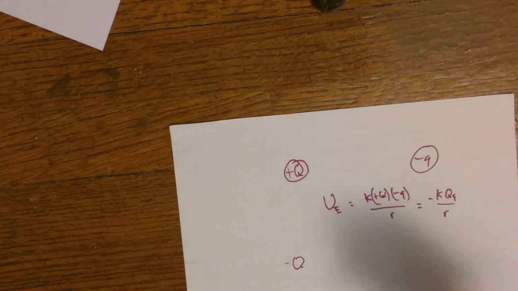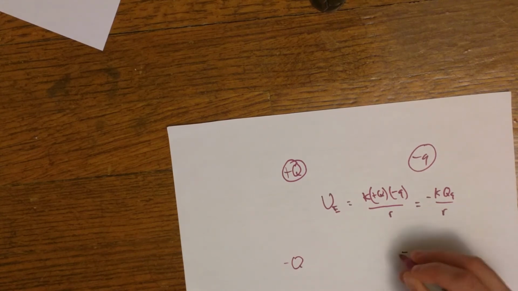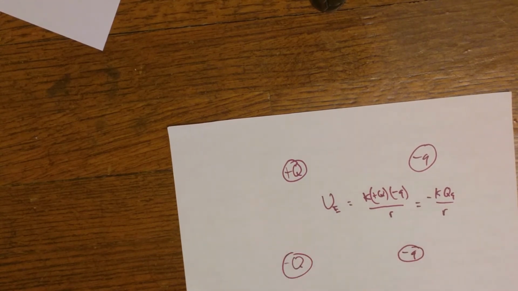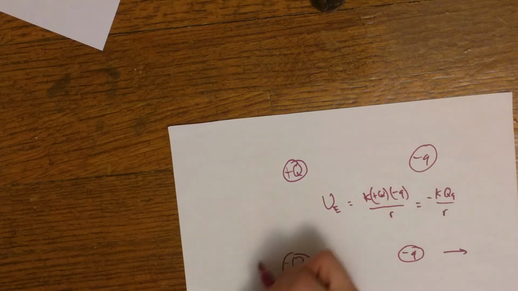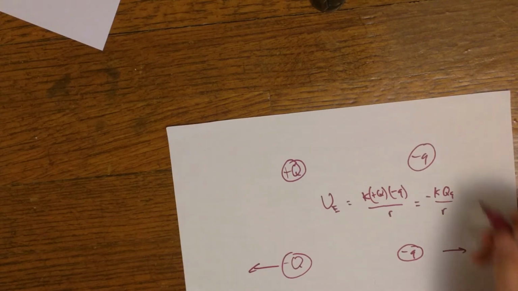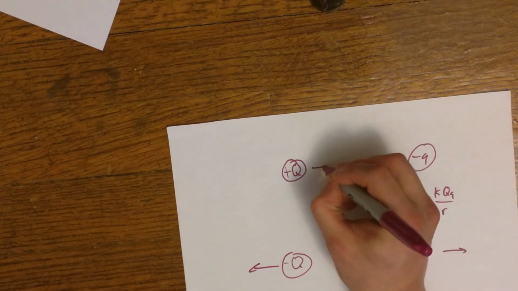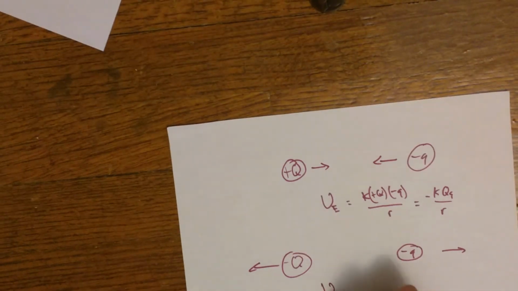What if I have two negative charges here? We know that they're going to repel each other. Once again, we're just putting in the sign associated with the charge over r.